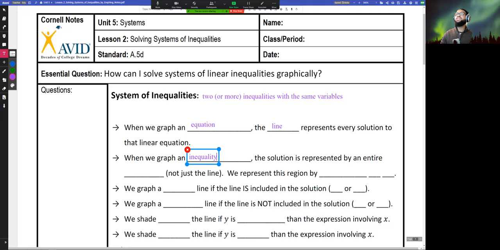By an entire region, not just the line. If you think back to when we were solving equations and inequalities, when we got a shaded region dealing with inequalities, this is going to be the same type of thing, all right? So the solution will be an entire region, not a line, and we're going to represent that by shading it in. All right, we're going to shade in that region.